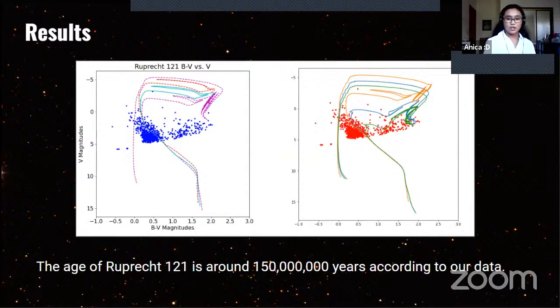So as you can see, from where the data points are, we tried to plot where it peeled off the most, and we got an isochrone that detailed that the age of Ruprecht 121 is around 150 million years.